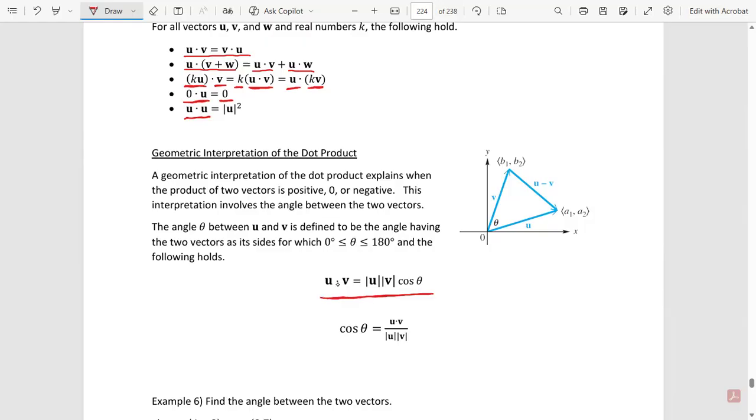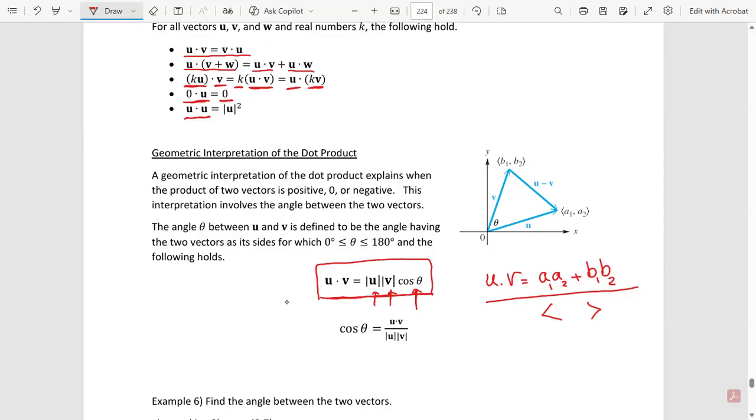For the dot product, we have two formulas. For the dot product between u and v, we can say a1 times a2 plus b1 times b2. We use this formula when we have vector components, but we use this other formula when we have the magnitude of each vector and the angle between the two vectors.